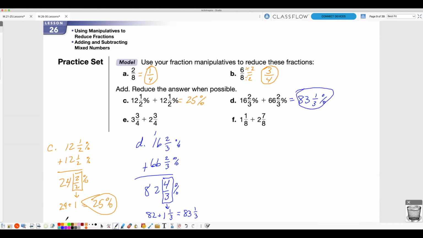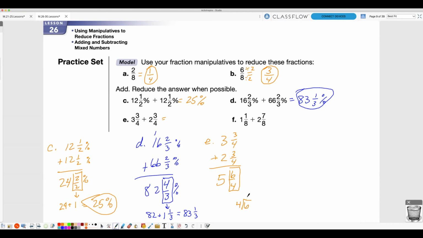Letter E, 3 3/4 plus 2 3/4. So again, I'm going to write this vertically. And then I add the numerators together. That's 6/4. The denominator always stays the same when you're adding and subtracting fraction pieces. And then this would be 5. So now I need to recognize that this improper fraction needs to be converted into, if I forget what it is, I can just do 6 divided by 4.